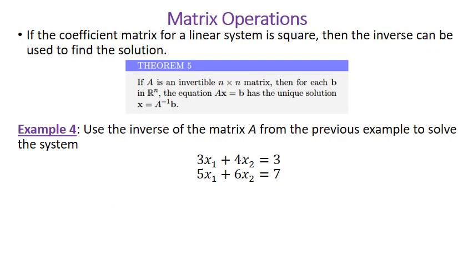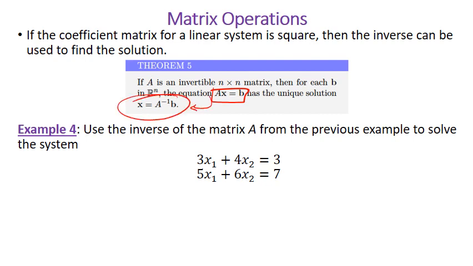So here we talk about how we can use an inverse to solve the equation AX equals B. So we have previously had a lot of different methods in which we could solve the equation AX equals B. Well, another means in which we can solve that equation is by using the inverse.